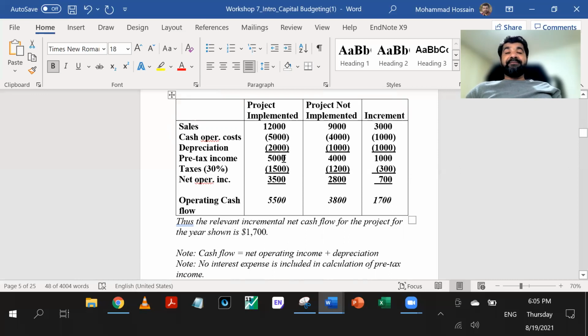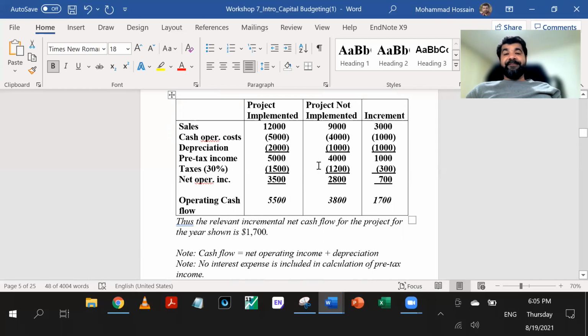Pre-tax income is 5,000 if you take the project, and if you do not take it, it is 4,000. How did you get this pre-tax? 12,000 minus 5 minus 2, and 9,000 minus 5 minus 2.